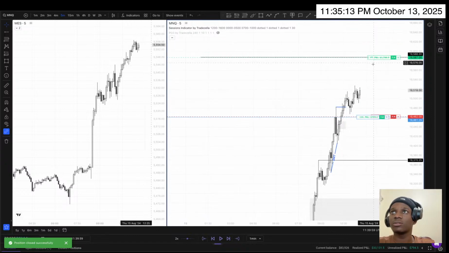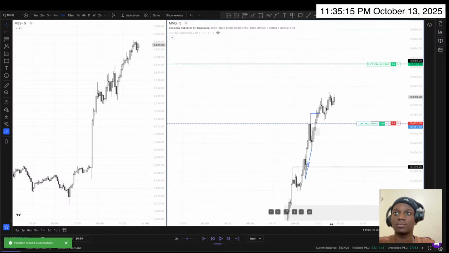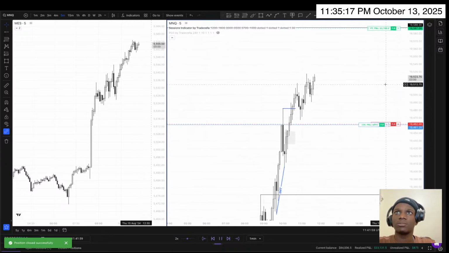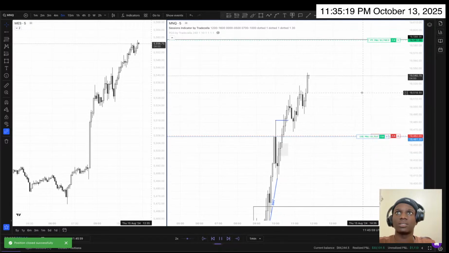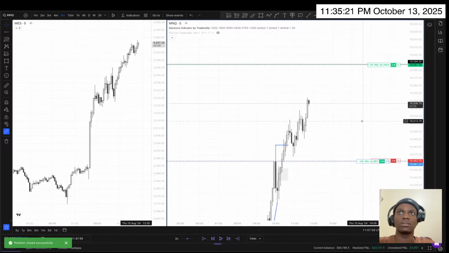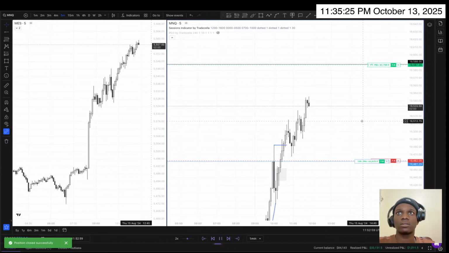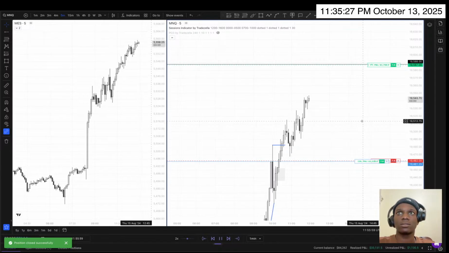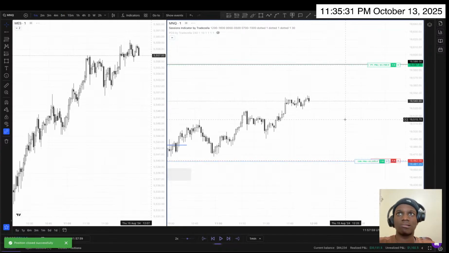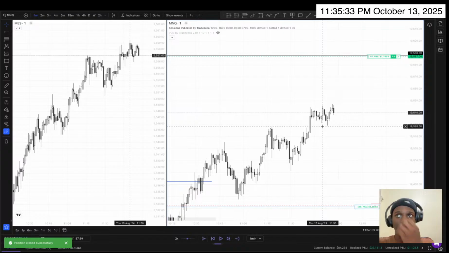So retracement of 5-minute gap there. I'd like to see it move like before lunch. It's really moving slowly.